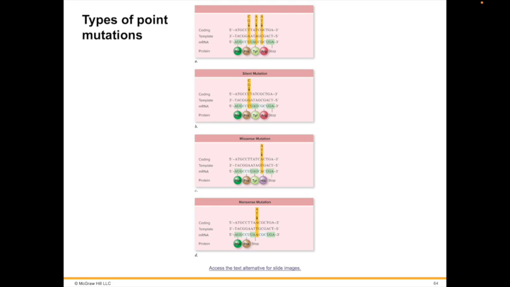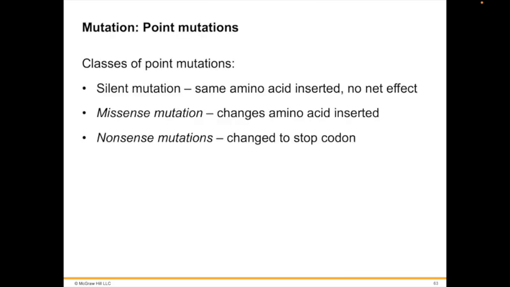Missense mutations. Because the genetic code is degenerate, a base substitution mutation may not change the encoded amino acid. If it does not, we say the mutation is synonymous or silent. If it changes an amino acid, we say the mutation is non-synonymous.